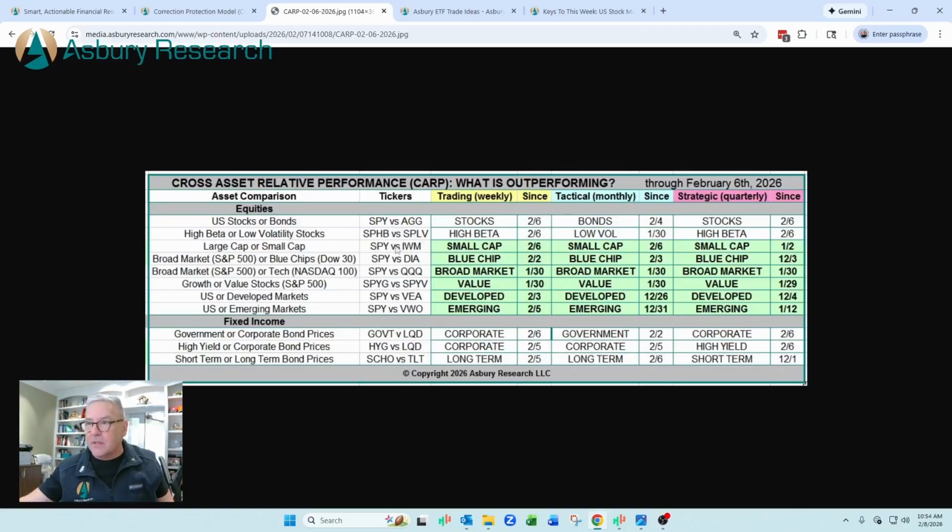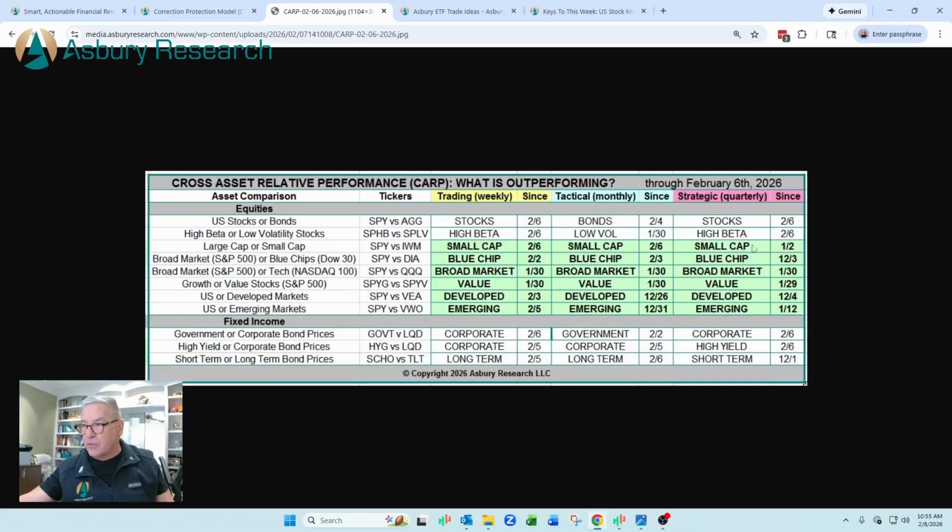So in this case, we've got stocks and bonds are kind of waffling back and forth. We don't have a clear leader. Here we have high beta and low volatility. There's not really a clear outperformer there. Small cap has been outperforming large cap across all 3 time periods, trading, tactical and strategic, really since the beginning of January.